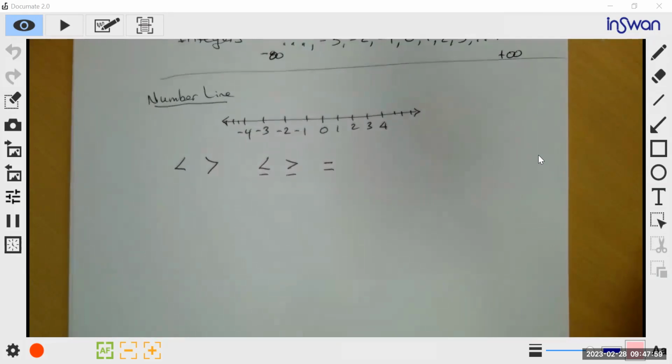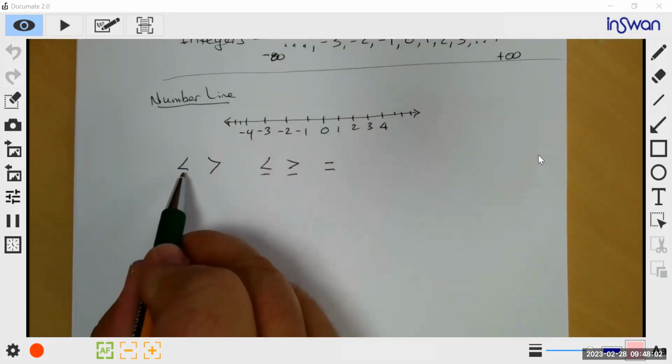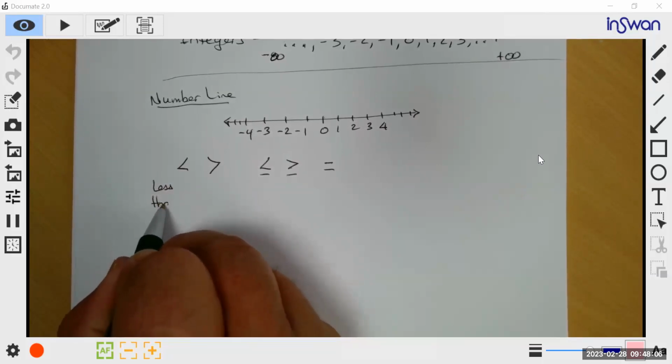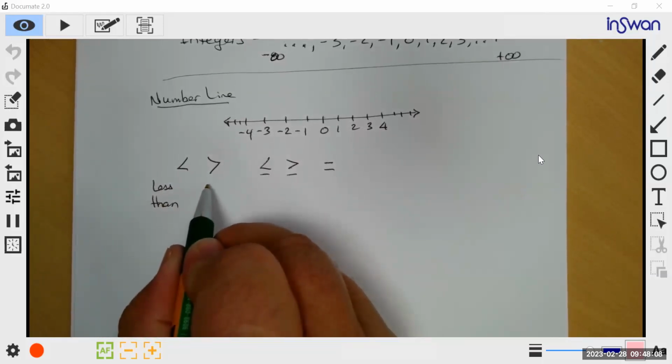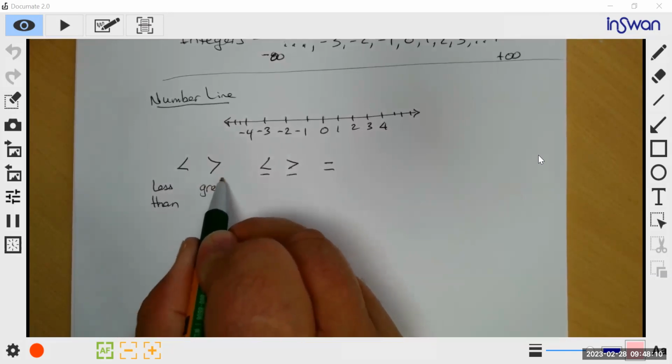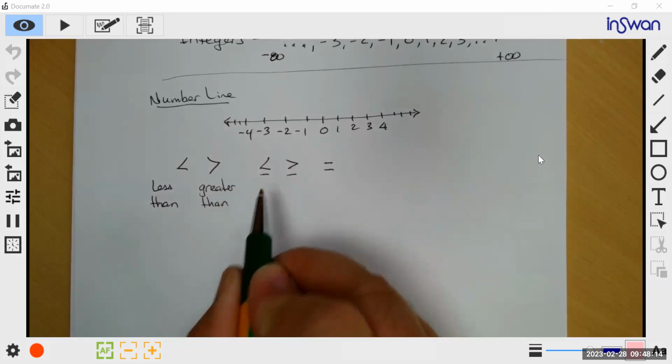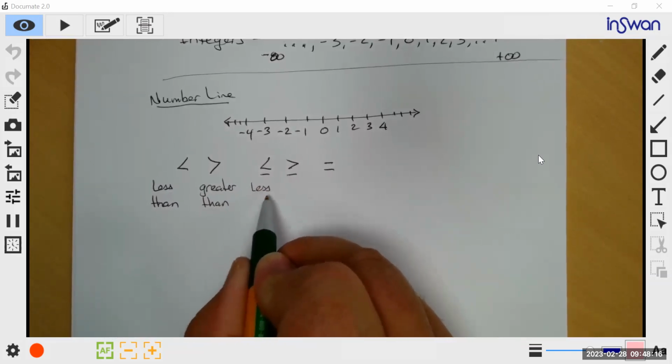What does this one mean? Next one. The third one. Very good.